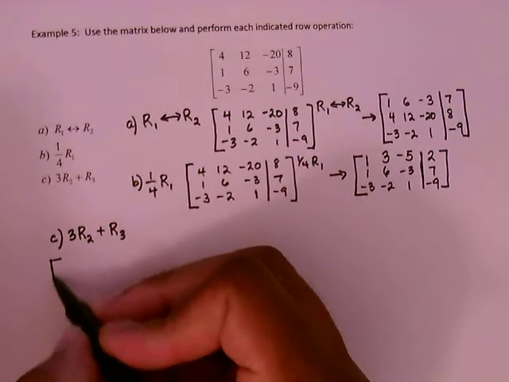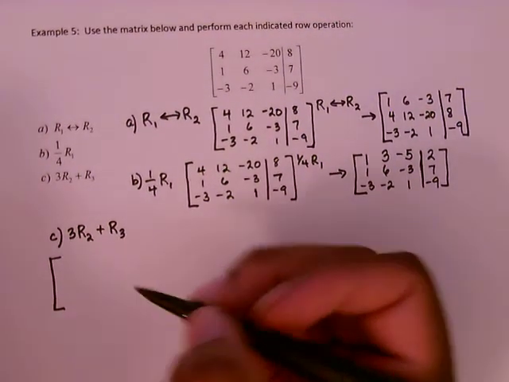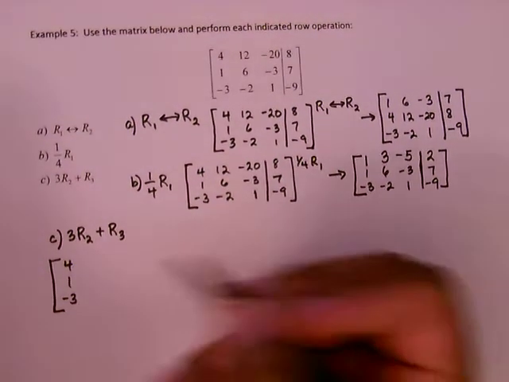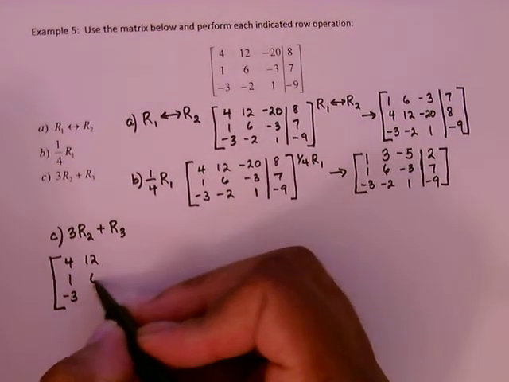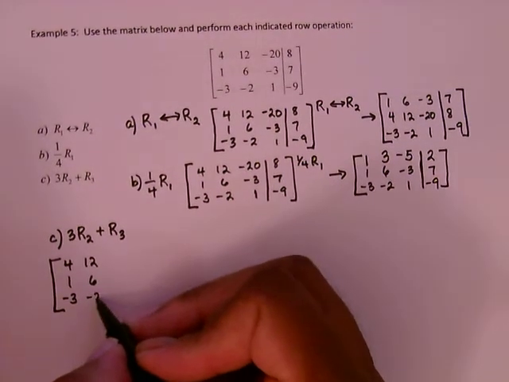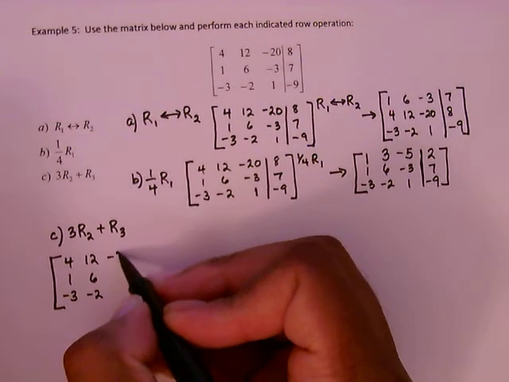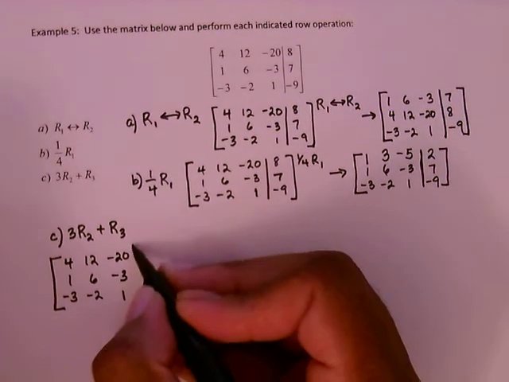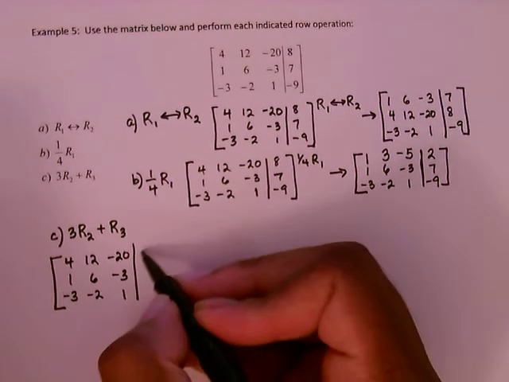So let me copy the original matrix here. Let's see. 4, 1, negative 3. I'm doing this by column. 12, 6, and negative 2. Then negative 20, negative 3, and 1. And then 8, 7, negative 9.